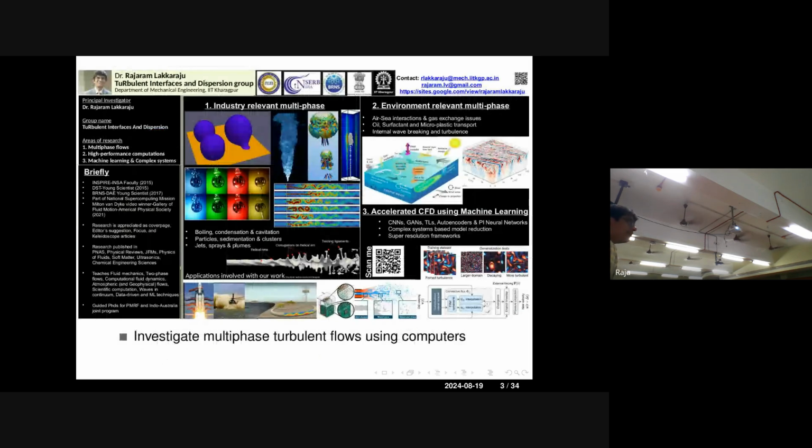Our group is a small one which mainly works on turbulent multi-phase flows: industry-relevant problems like boiling, condensation and maybe sprays. The second area is environment-related multi-phase flows, especially sea spray ejections. And as a computational person, I also work on accelerated CFD using machine learning.